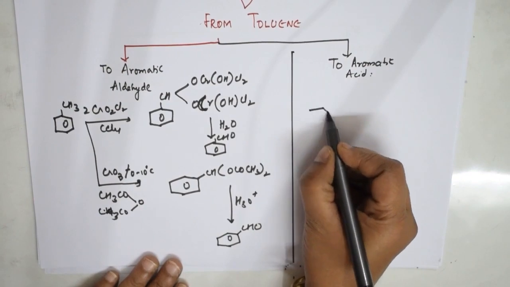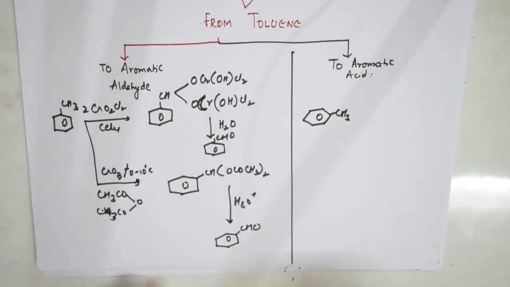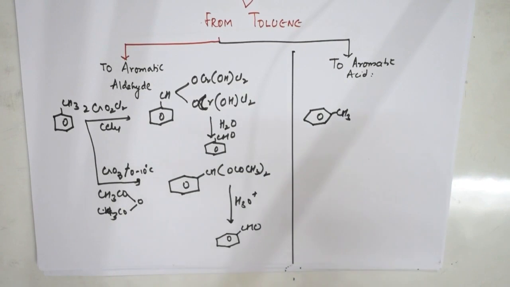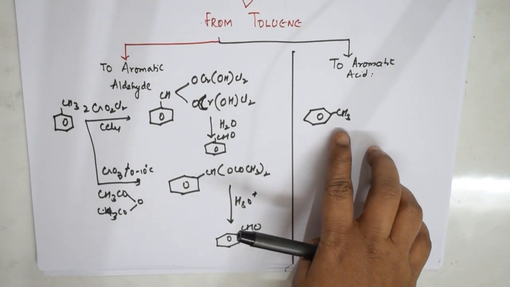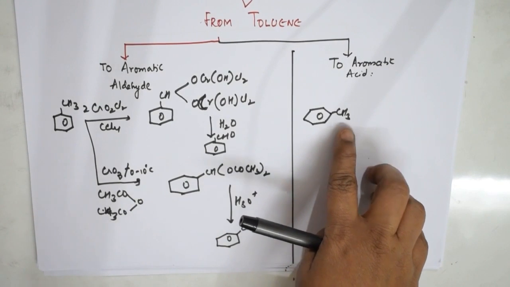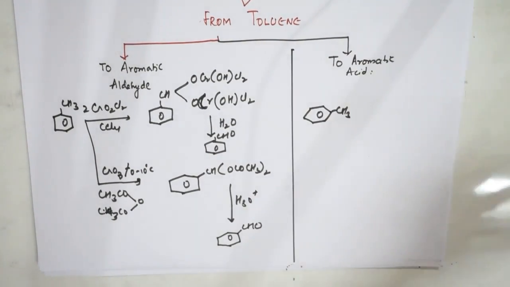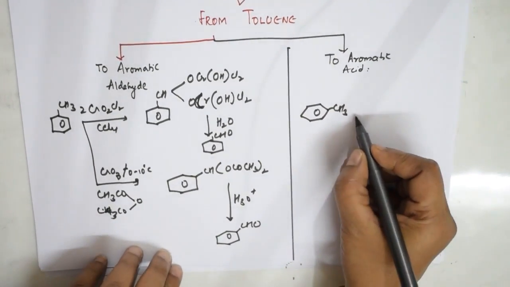Now I'm going to convert toluene to aromatic acid. So again, I'm going to take toluene. Here you can use any alkyl group, irrespective of its size. Let it be methyl, ethyl, propyl, anything, but you will get a carboxylic acid. Remember, here there are 2 methods.